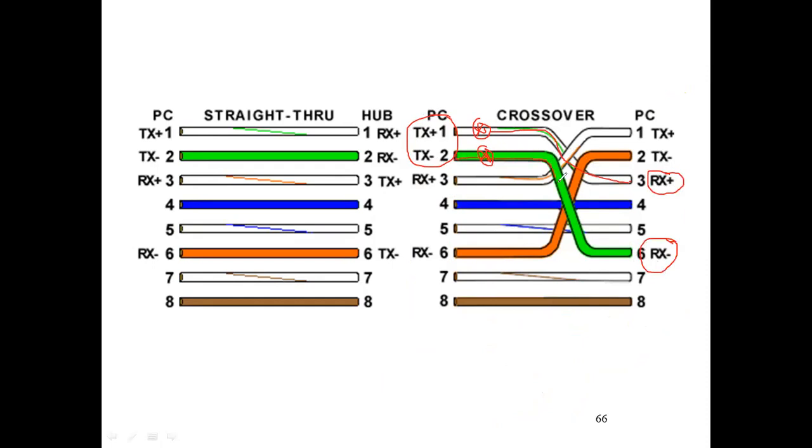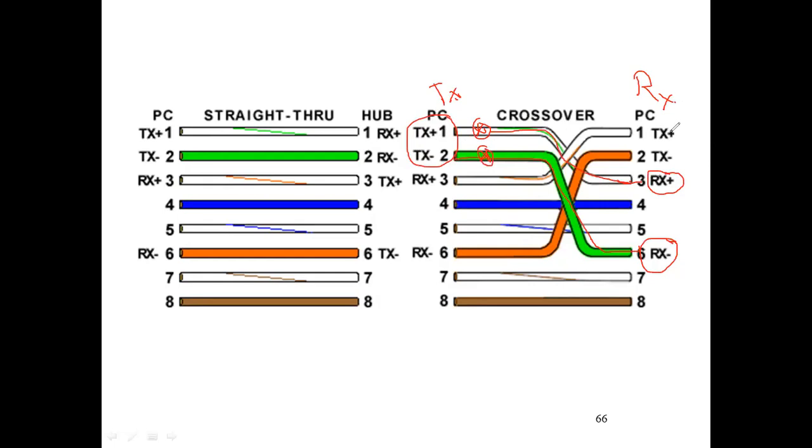You can see over here. This is how it will get connected. So whatever we are transmitting from this PC, now this device on the other end is ready to receive it, right?